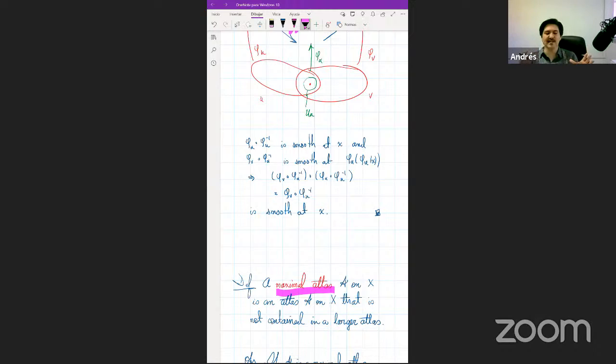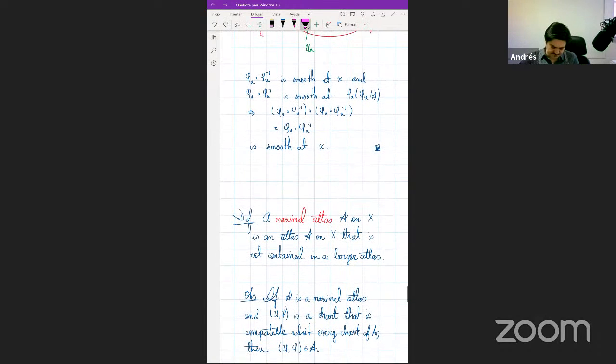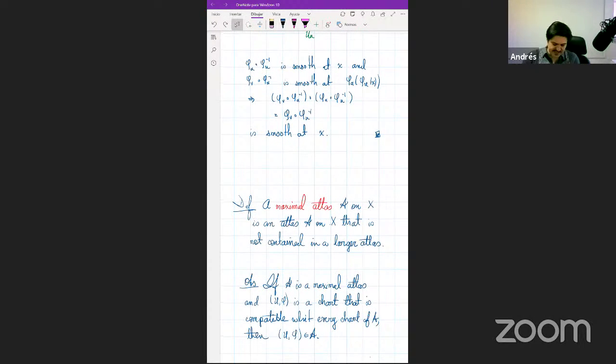So the maximal atlas has all of the charts that you require. If you find some chart that is compatible with what you have, it's because it belongs to that atlas. Okay? And this is exactly what I said in the observation. If you find a chart that is compatible, it belongs to the atlas.